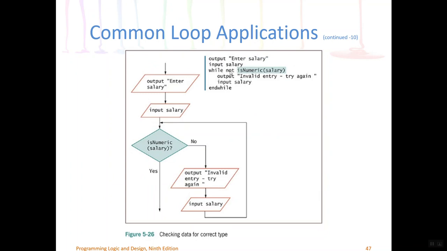Remember, not will reverse the outcome of whatever is numeric produces. So is numeric will produce a false value if, for example, the user typed in NINE for 9 instead of the numeric 9. So is numeric would produce a false, not would reverse that and make that a true.